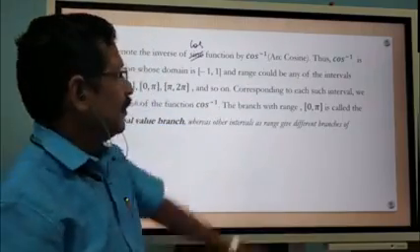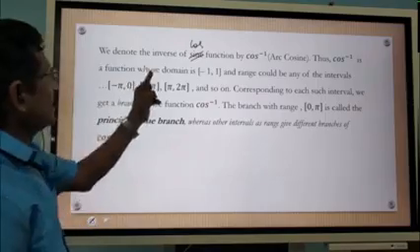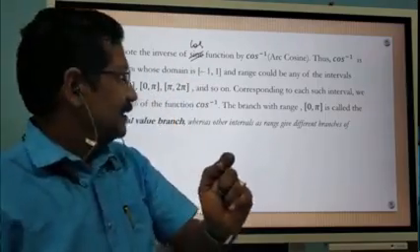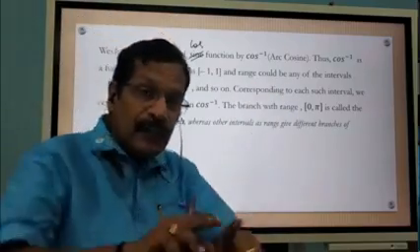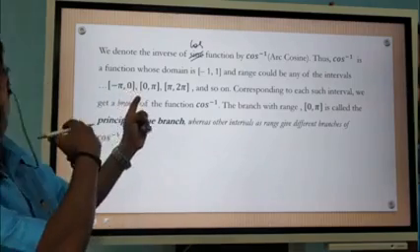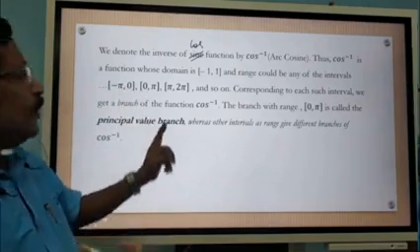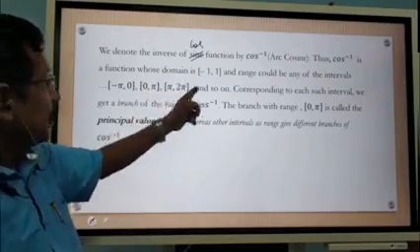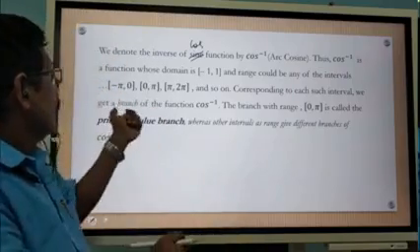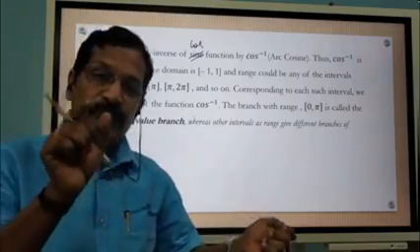That is another name. And this cos inverse is a function whose domain is minus 1 to plus 1 and range could be any of the intervals minus pi to 0, otherwise minus 2 pi to minus pi or 0 to pi, pi to 2 pi and so on.